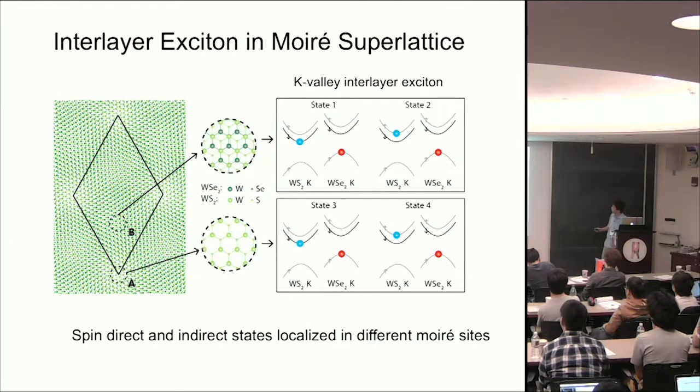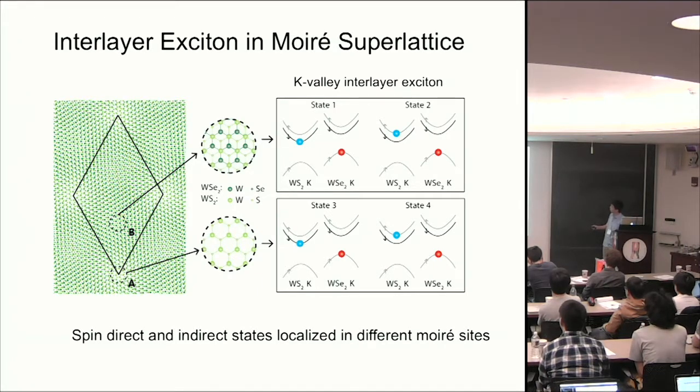One is where the electron and hole sit in this way. It turns out that they have opposite spins. And the other one is where the electron sits in the second part of the conduction band. The band separation for the conduction band is only tens of meV.